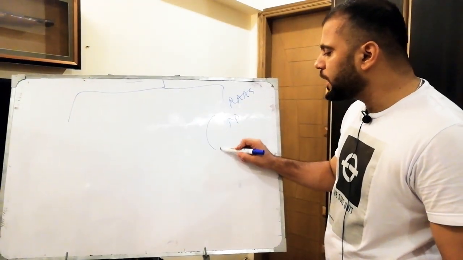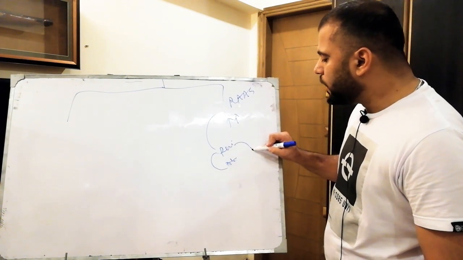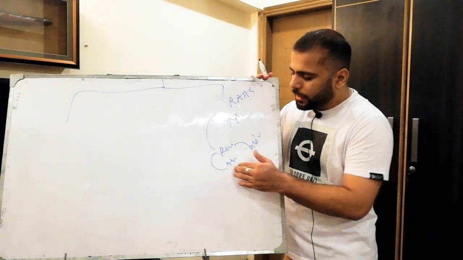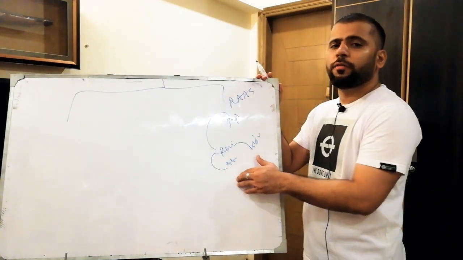How? The RAS system increases renin, and renin increases angiotensin and aldosterone, and aldosterone obviously increases the sodium and water retention of our body. Again, angiotensin also increases the sodium and water retention in our body.